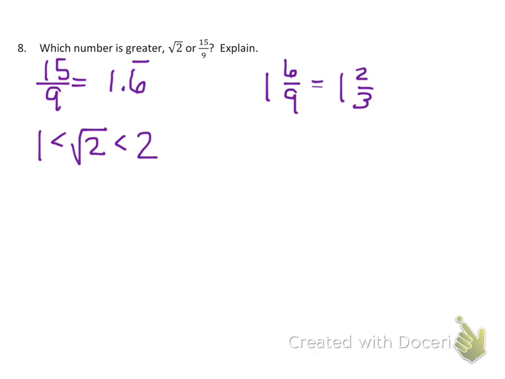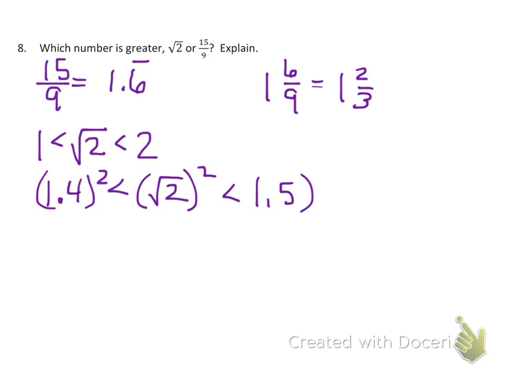Okay, and because 2 is closer to 1 than 4, I know that square root of 2 is closer to 1 than it is to 2. So I can try to narrow it down, and I can find that 1.4 squared is less than square root of 2 squared, which is 2, which is less than 1.5 squared.